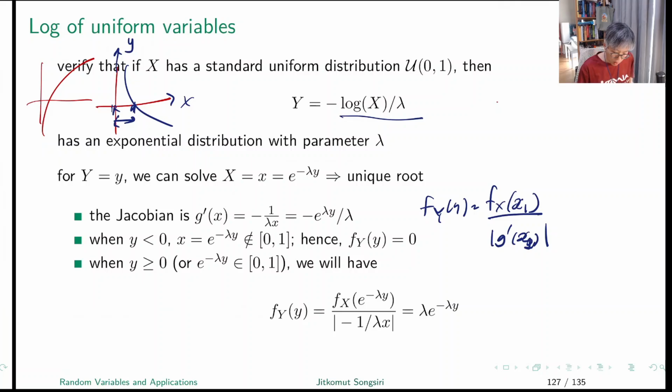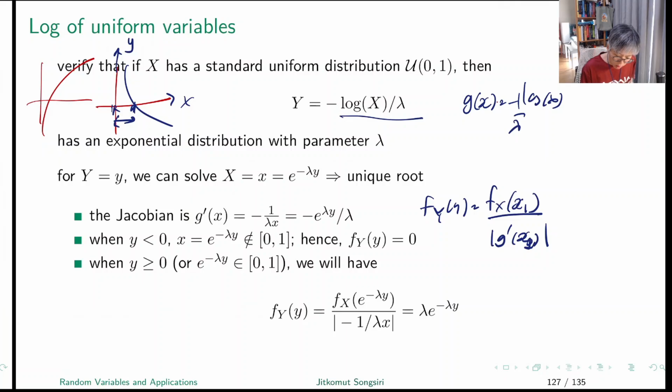The root is e to the minus lambda y, right? And let's find the Jacobian. When you take the Jacobian, what is g prime? My g of x is negative log x over lambda.